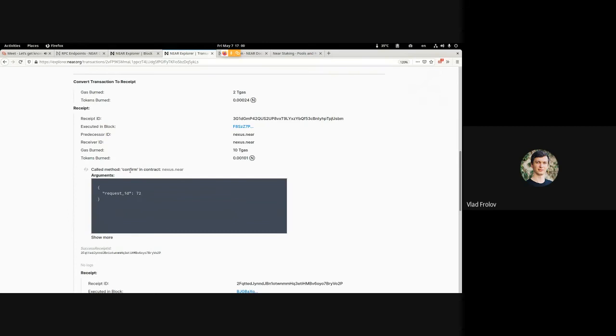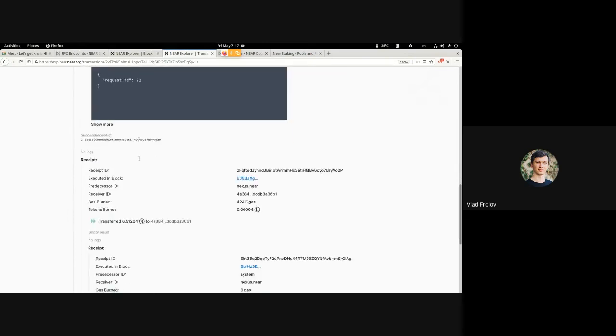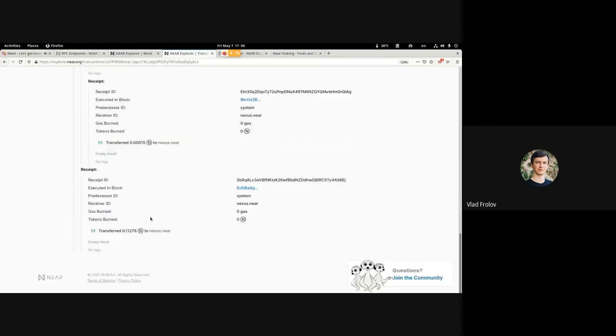This confirm method call produces a cross contract call. It's essentially a separate receipt. So it will produce a separate receipt from nexus.near to this account to transfer that amount of tokens. And these two are refunds. So they're from system.